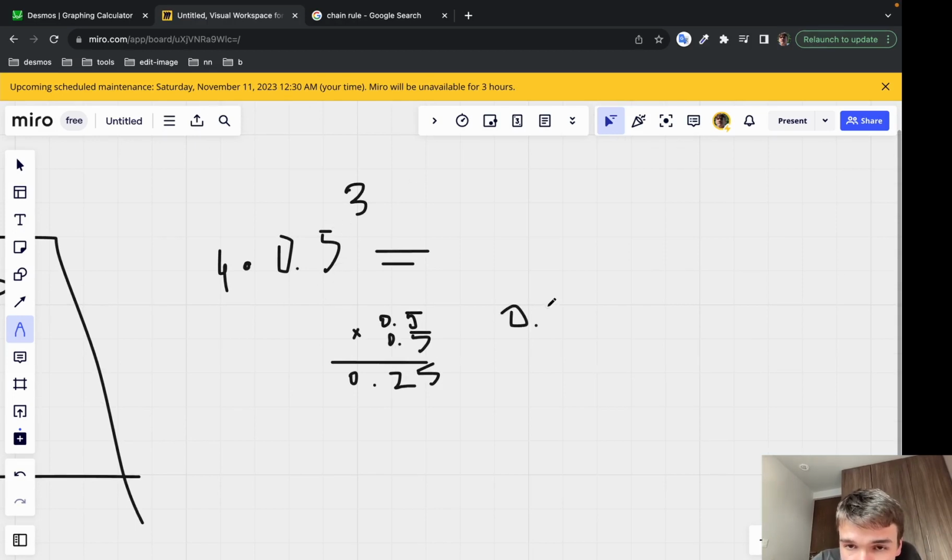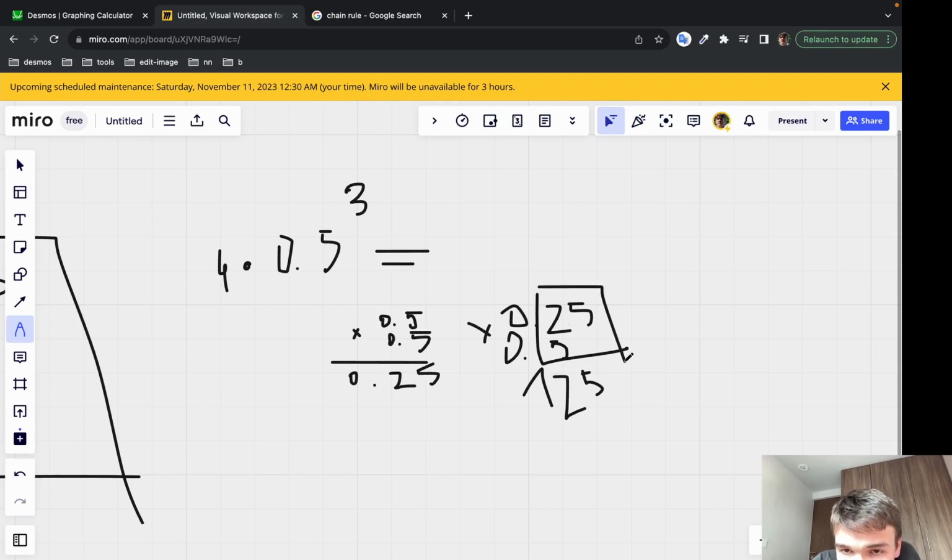So we now multiply 0.25 by 0.5. We get 25, which is 5 at the end, and 2 we keep in mind. 5 multiplied by 2 is 10, and 10 plus 2 is 12, so it's going to result in 125. With 3 digits after the dot, we got 0.125. This is what it results in.